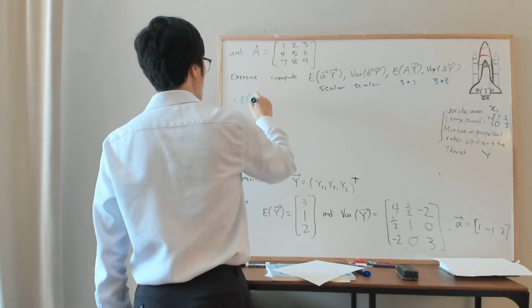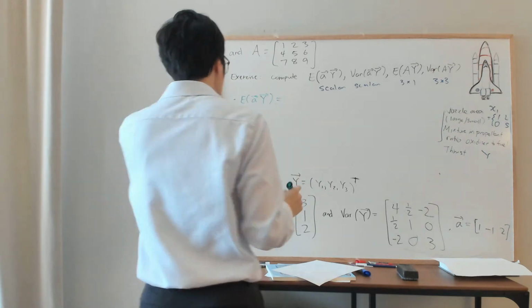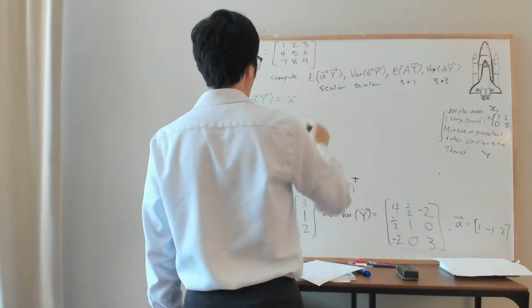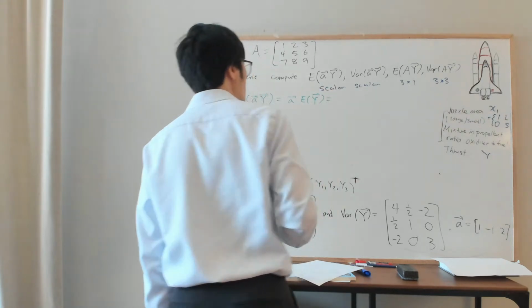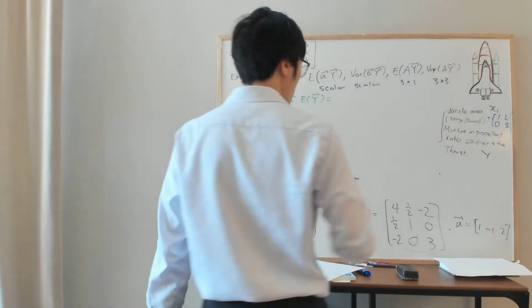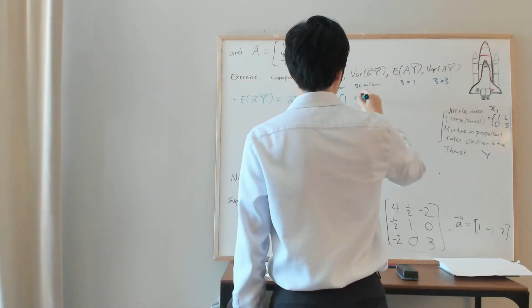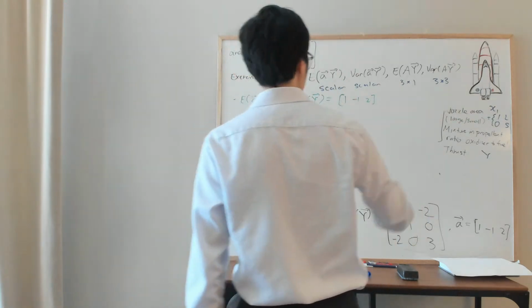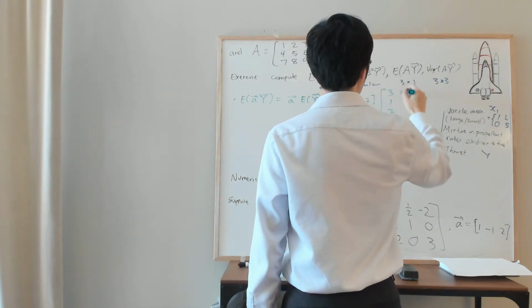Okay, so for example, expectation of a times y, as we learned, is we can pull out the a, so we have a times the mean vector of y. Okay, and so what is a? It's this vector 1, minus 1, and 2. And then I'm multiplying by the mean vector of y, so this is 3, 1, and 2.